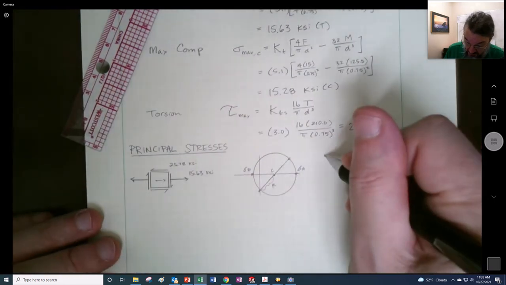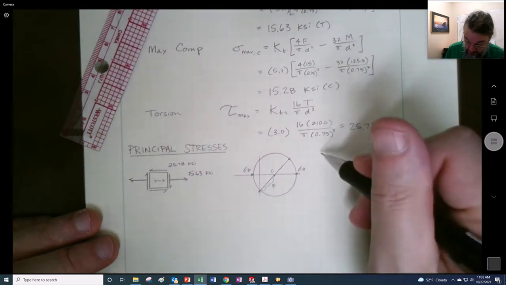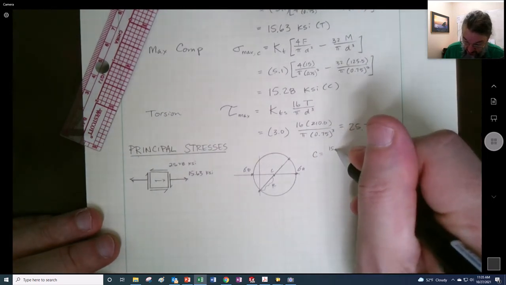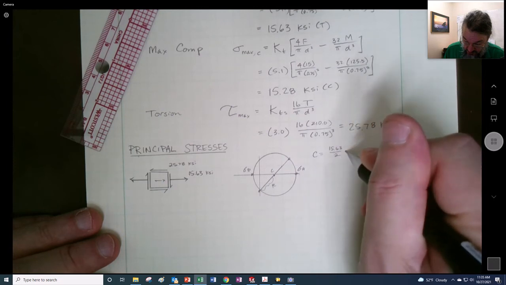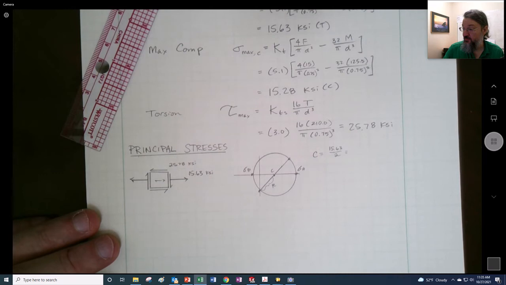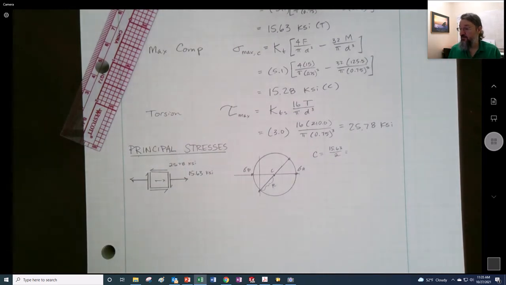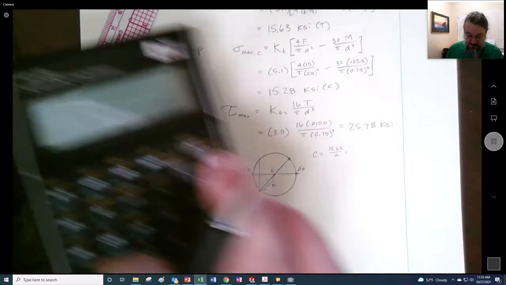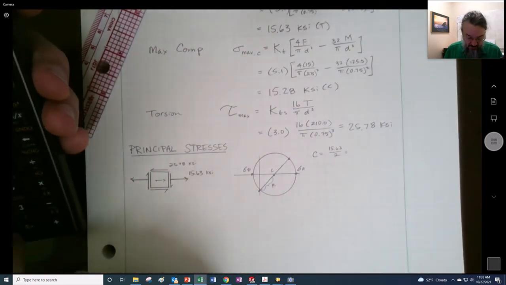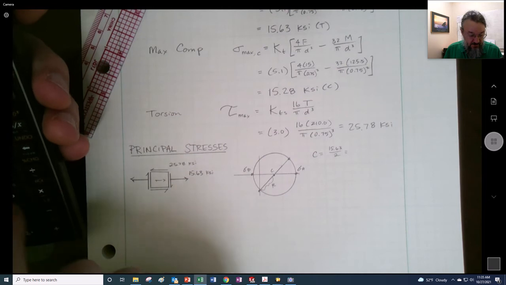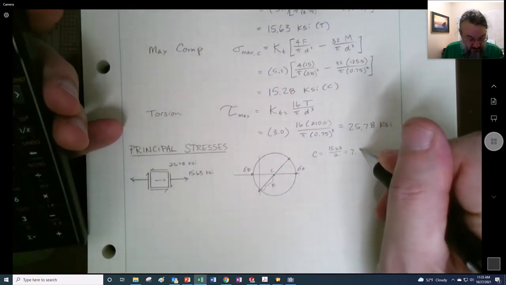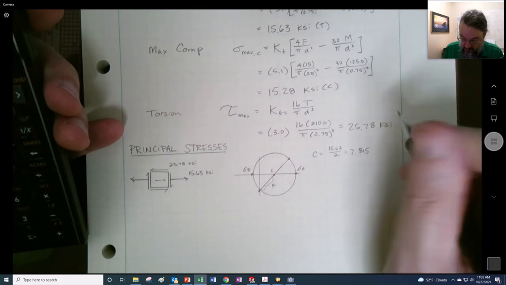So we say that C is going to be equal to 15.63 divided by 2. Did I do this? I don't know. No, I didn't bother. I did it with just a straight equation. So I'll go ahead and do it. Why not? 15.63 divided by 2, and we get 7.815.